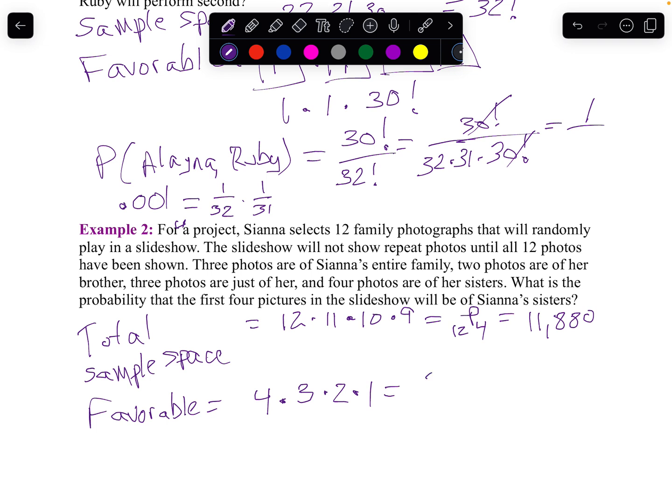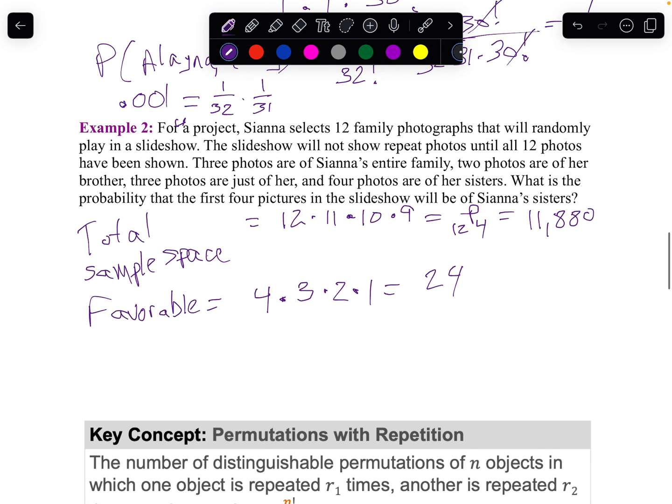There's 24 different ways we could display pictures of just the sisters. So my probability that I'm going to get the 4 sisters is going to be 24 out of 11,880.